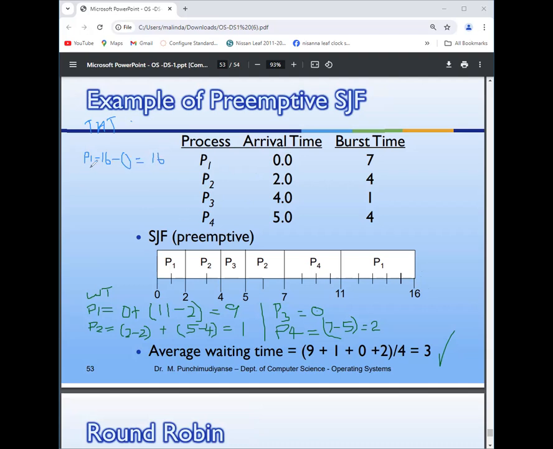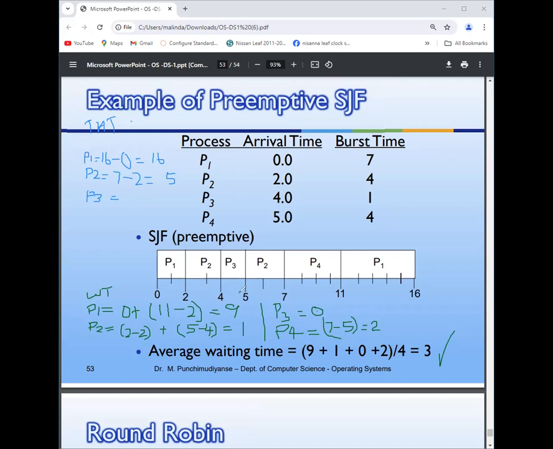And for the P2, P2 came to the system at time equals 2. P2 went out of the system at time equals 7. So 7 minus 2, 5 for the P2. P3 came to the system at time equals 4.